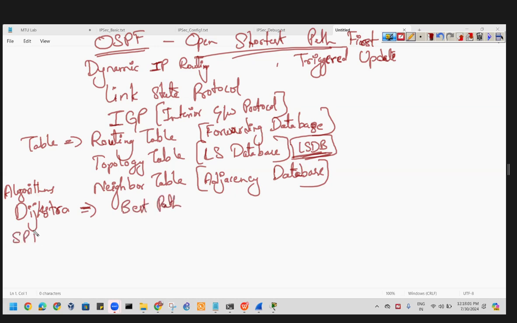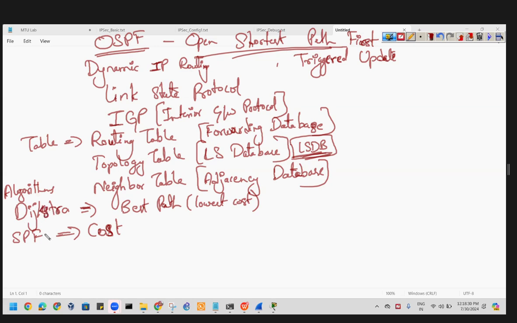And there's one more algorithm, the shortest path first algorithm, which is used to calculate the cost. After calculating the cost, the path with the lowest cost becomes the best path, and that is elected using the Dijkstra algorithm.